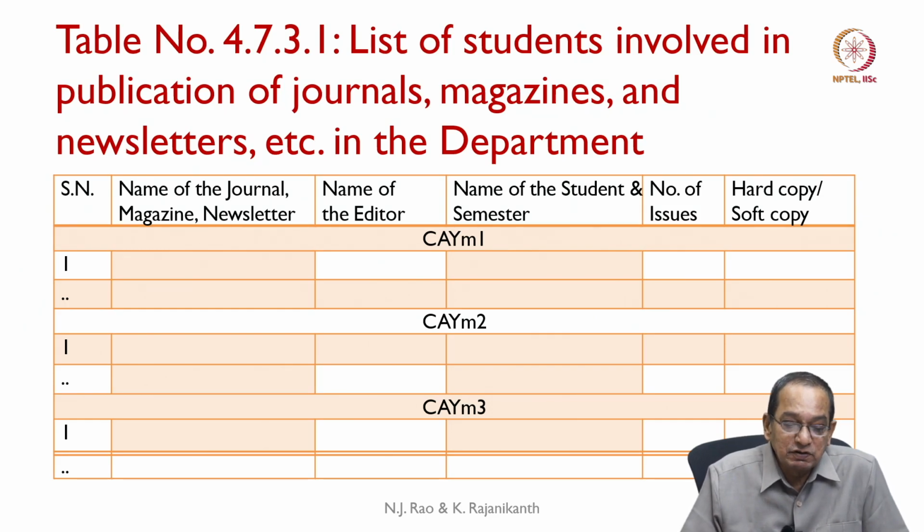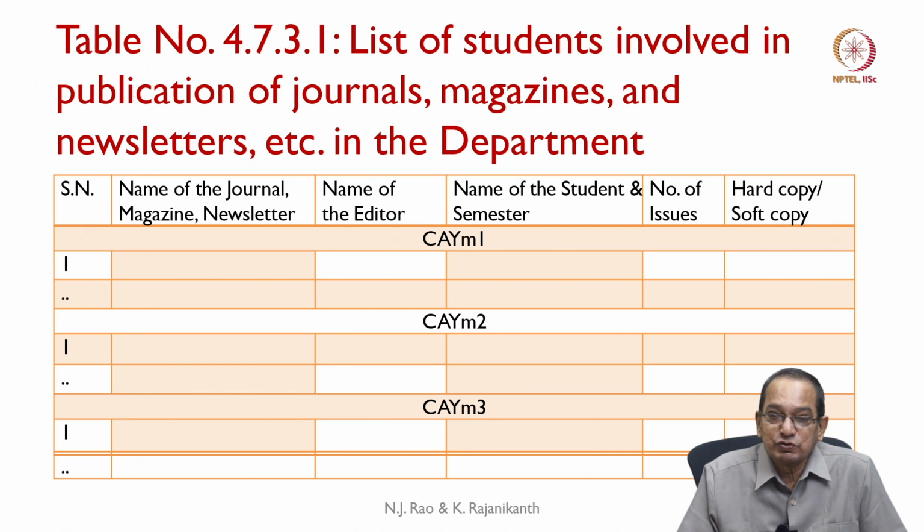Here we are talking of the journal or magazine brought out at the department level, and preferably it should be a technical one. Of course, some cultural activities also could be included in that magazine, but it would be wonderful if the entire thing is the initiative of the students. Otherwise, faculty also can participate.